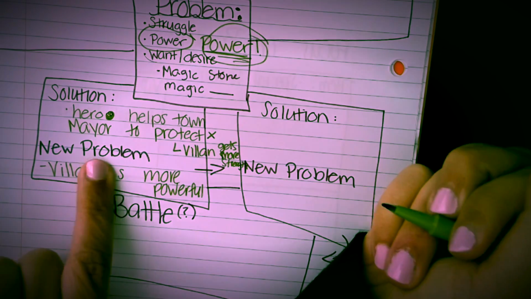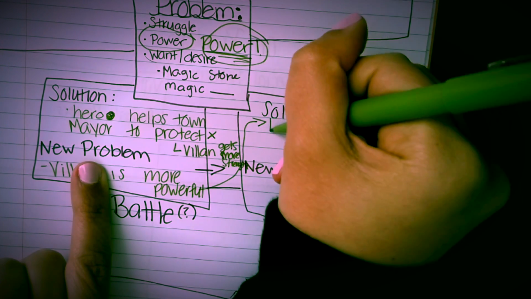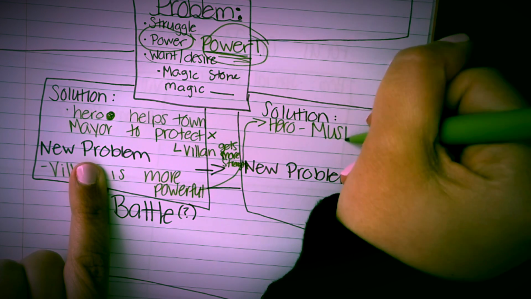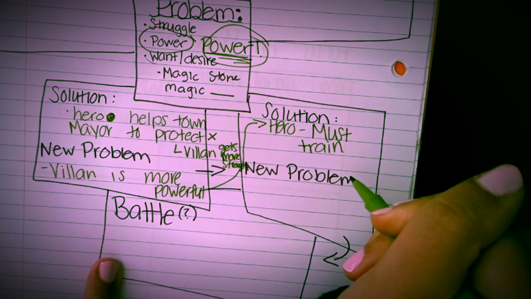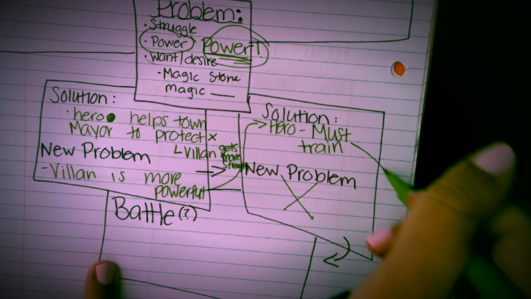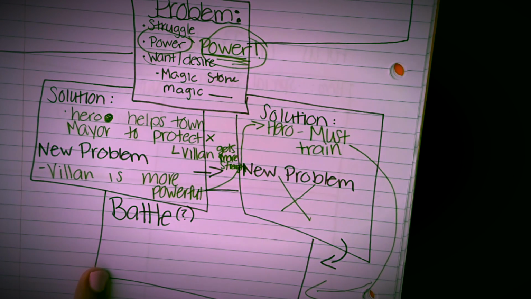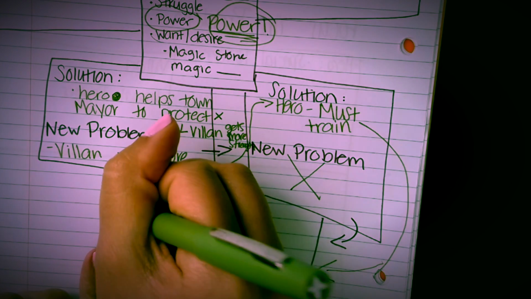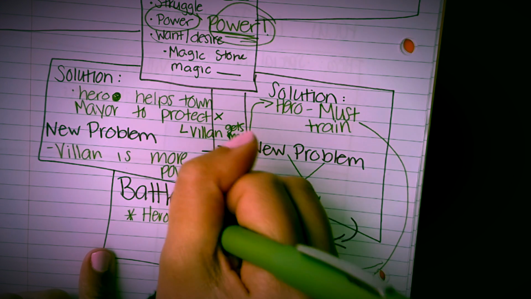My solution for this new problem is going to be that my hero must train. I'm not going to have another battle, but must train for this battle that I think is going to happen. So the hero is now going to train for a battle in which will be hero versus villain.